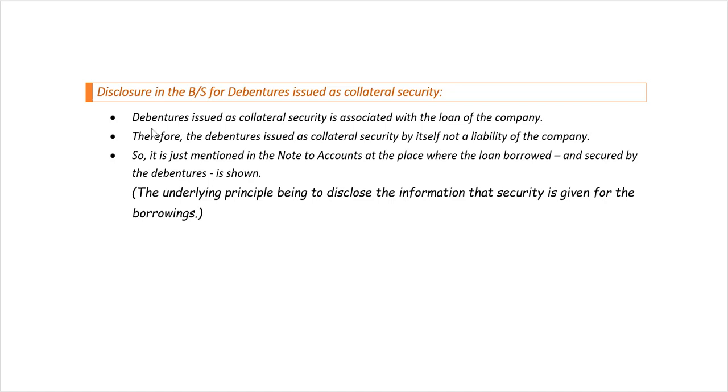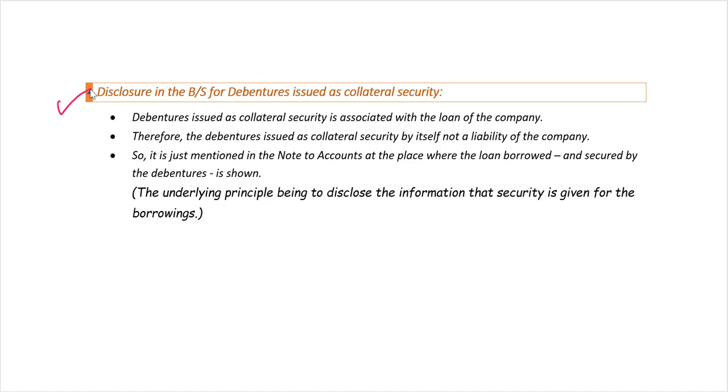Next, let's check out the disclosure in the balance sheet for debentures which are issued as collateral security. The debentures issued as collateral security is associated with the loan of the company. That is, the company could have borrowed a loan from, say, a bank and issued these debentures as collateral security.